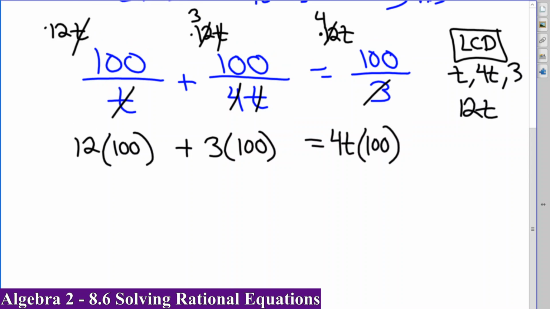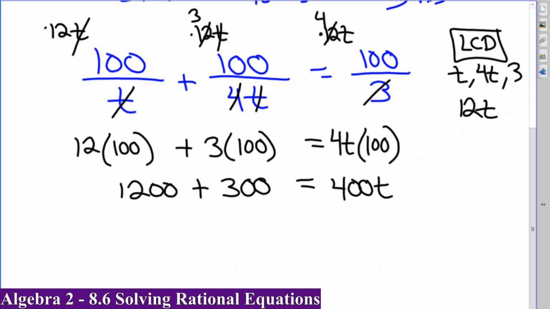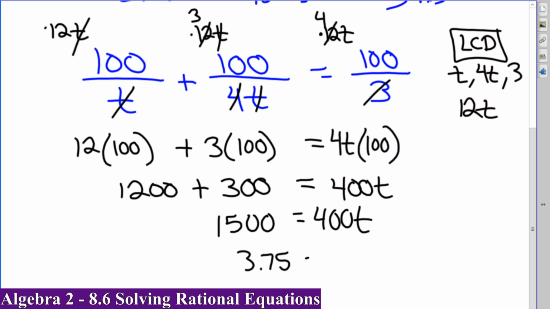So now I got rid of all of those fractions. 1200, let's solve, plus 300 equals 400t. So 1500 equals 400t. And when we divide that, we get 3.75 for t.